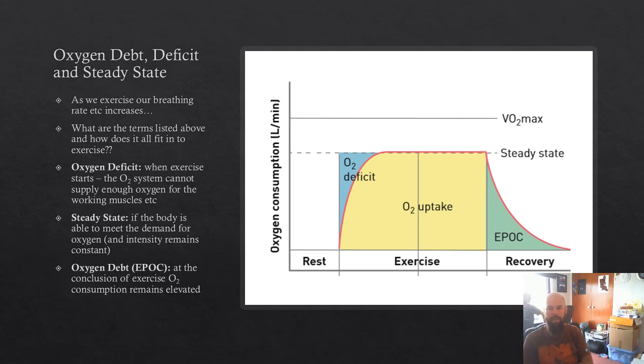It's basically a test of how far you can go until you can't continue anymore. So it's stressing the system to the point that you've completely exhausted it. Your body can't use any more oxygen. The activity ceases.